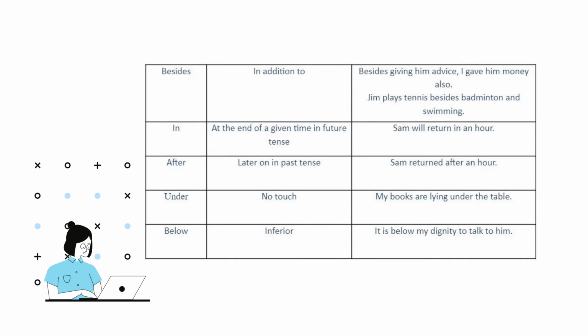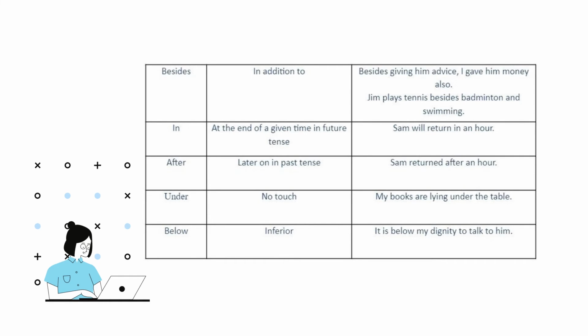The next is below. It is used to show inferiority between two people or two things. The example is, it is below my dignity to talk to him. Here, below is used to show the inferiority between the my and him.